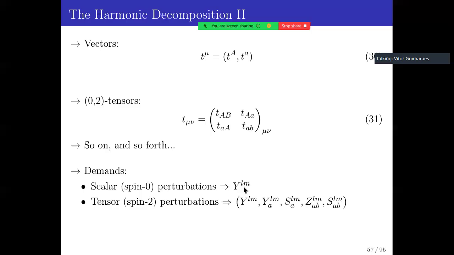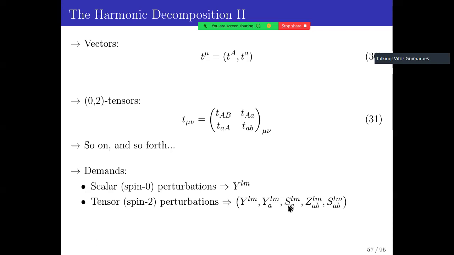You can decompose them into radial parts and angular parts using only the usual scalar spherical harmonics that we all know and love from quantum mechanics and so on. But now that we are talking about perturbations of spin 2, our perturbations need other types of spherical harmonics, which are the scalar, the vector, the vector.